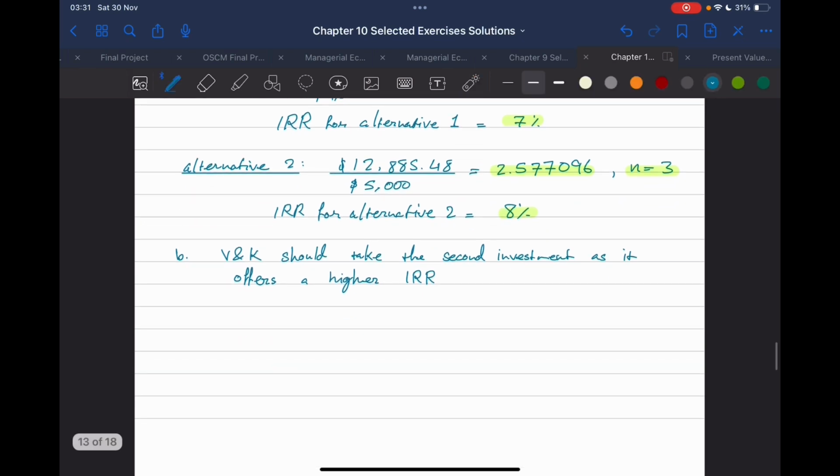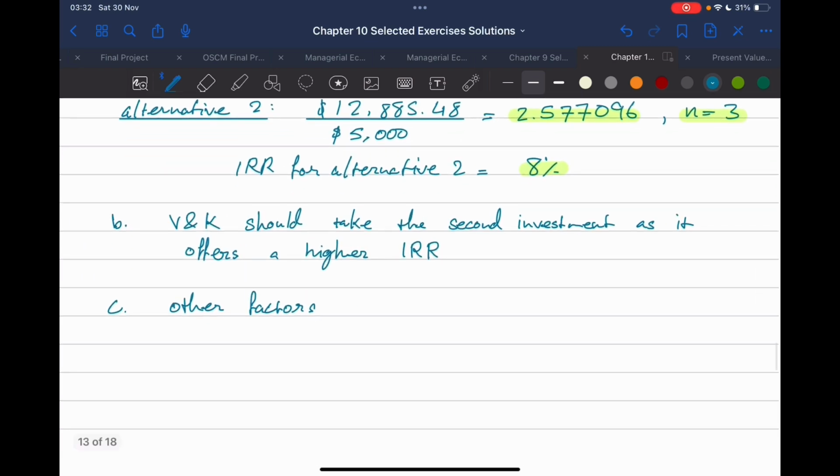So all of these play a role. So we could say those other factors may include the duration of the investment or the lifespan of the investment, whichever way you want to write it, it's fine.